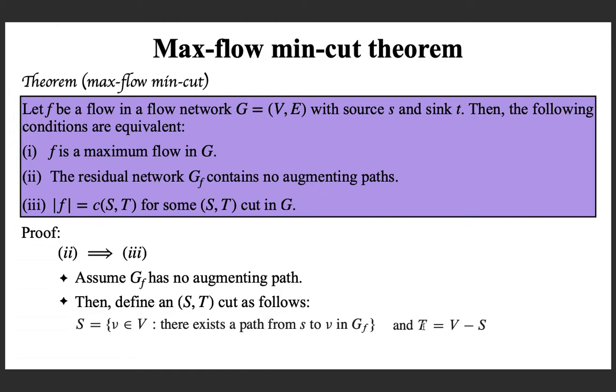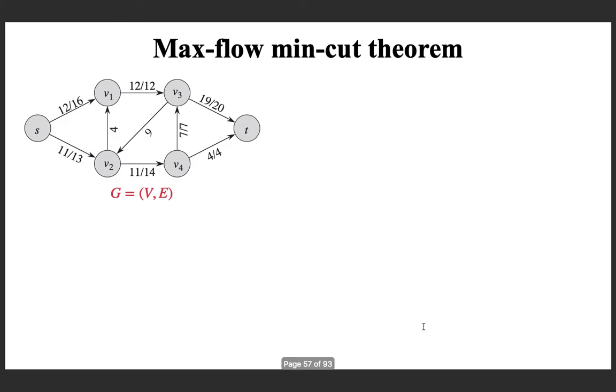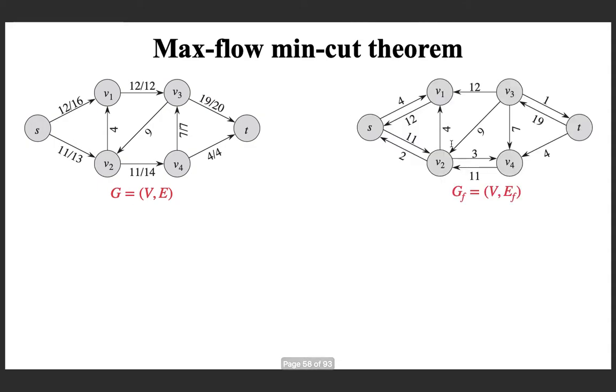We can try to understand with an example. Here is a flow network given with a flow value 23 and the corresponding residual network is here with no augmenting path. So, condition 2 is true. Then see what we have defined. This is the ST cut we defined. What is the set?